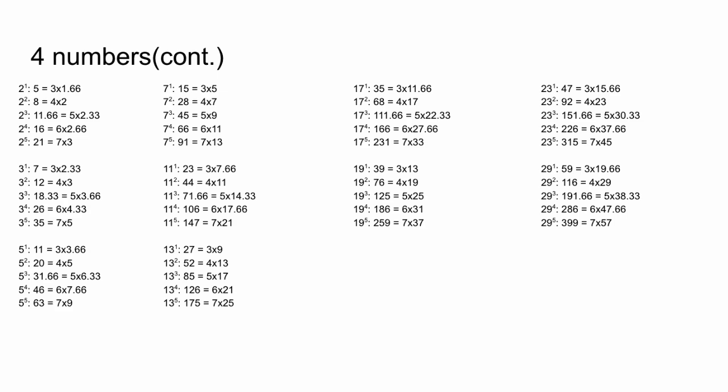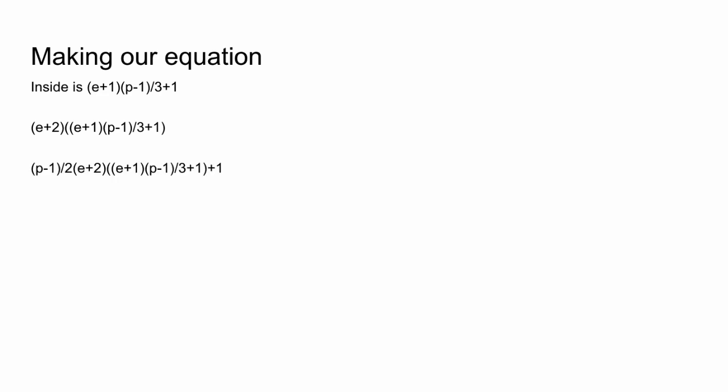Okay, let's make our equation. The inside is equal to e plus 1 times p minus 1 over 3 plus 1. Next, I'll multiply this by e plus 2, just reversing all our steps. Next, multiply this by p minus 1 over 2 and add 1.